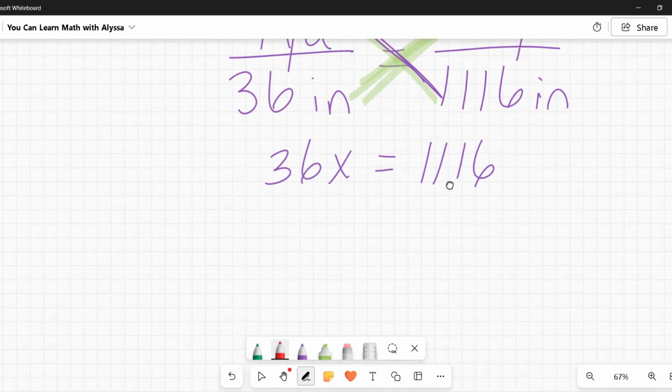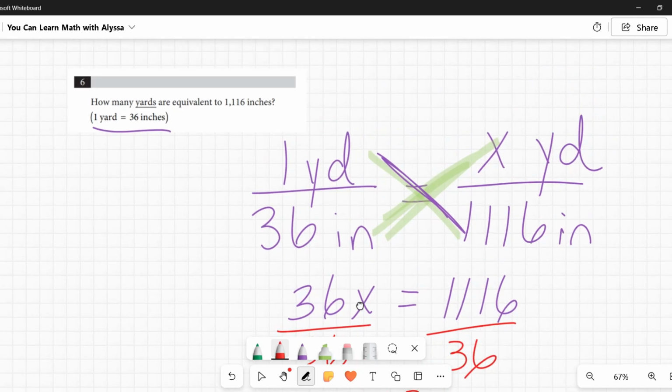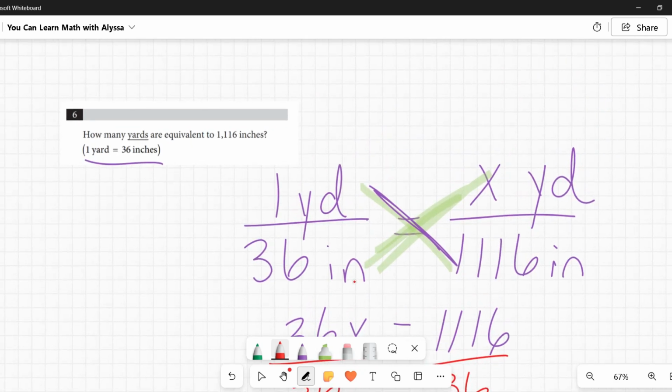X is being multiplied by 36, so I want to divide by 36. And when I divide 1,116 by 36, I use my calculator and I get 31. So x is equal to 31, and we said x is how many yards? So my answer is 31. 31 yards are equivalent to 1,116 inches.